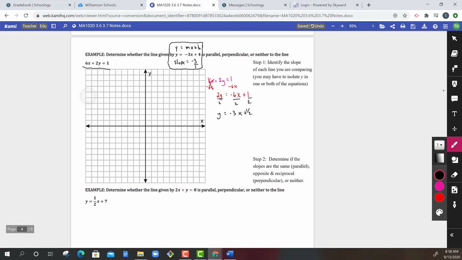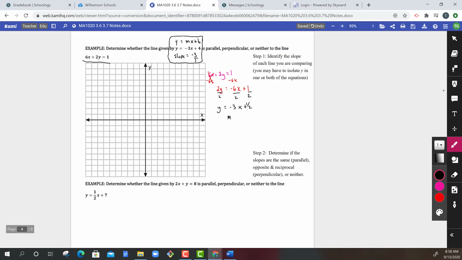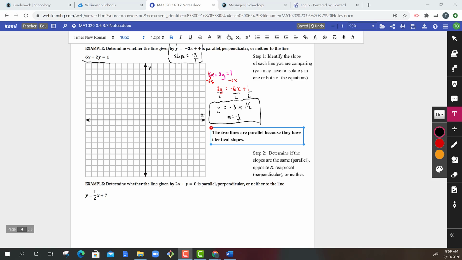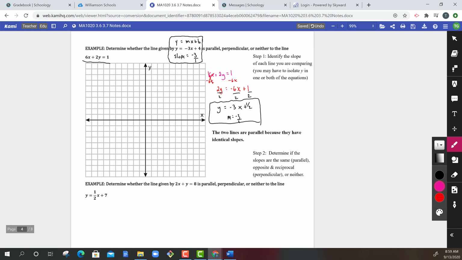So here's our other equation, and we can see pretty quickly the slope of this other equation is negative 3. Let's write it as a fraction, negative 3/1. And we can see those slopes are identical. So since those slopes are identical, these two lines are parallel. What I have written in that text box is the correct answer.